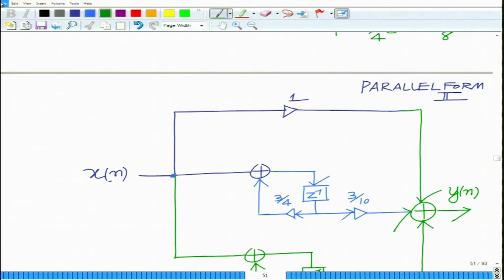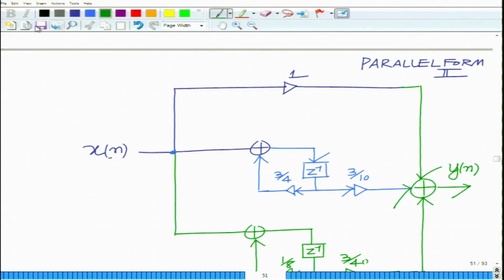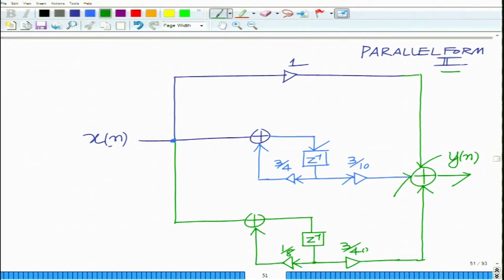All right. So basically what we have done is we have seen several structures for IIR filter implementation, starting from the direct form 1, direct form 2, direct form 1 transpose, direct form 2 transpose, that is transpose of both the direct forms, and finally the cascade form, and also the parallel form 1 and the parallel form 2.